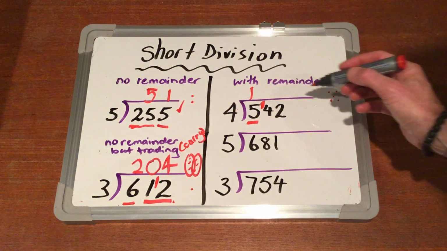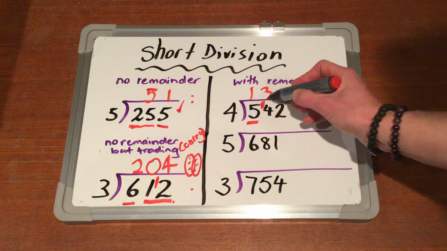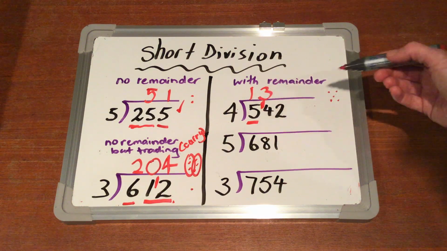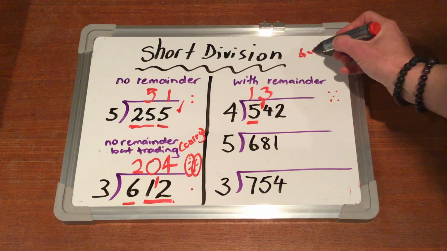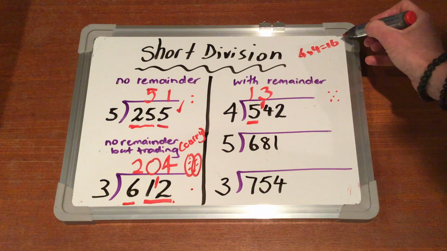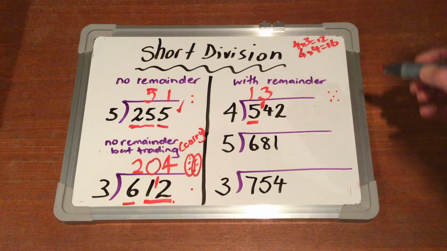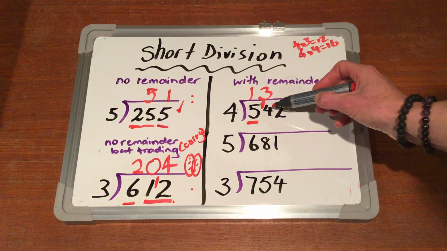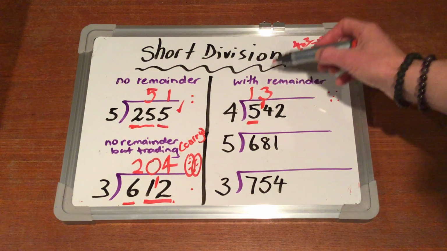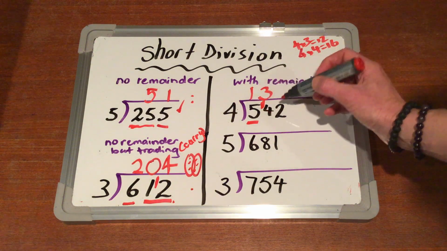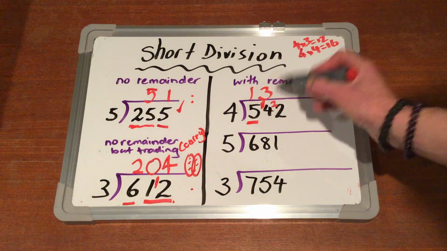4 into 14. Well, 4 3s are 12, but 4 4s are 16. So that's too many. So I want my 4 3s, which is 12. I'm going to use that. It goes 3 times. 3 4s are 12, and I have 2 left over, which I'm going to hand over.